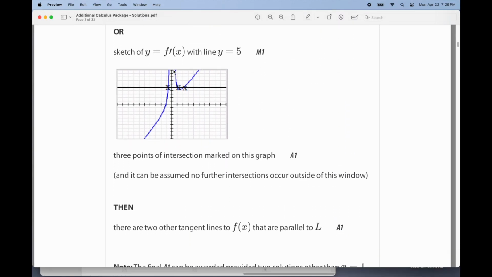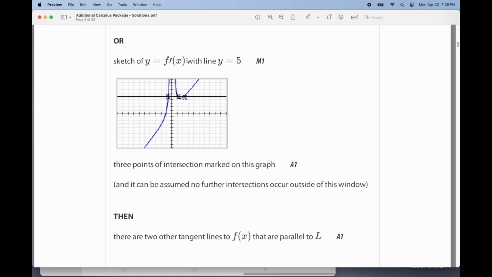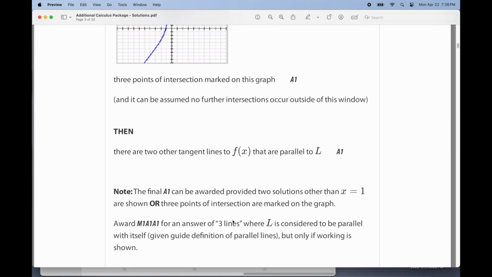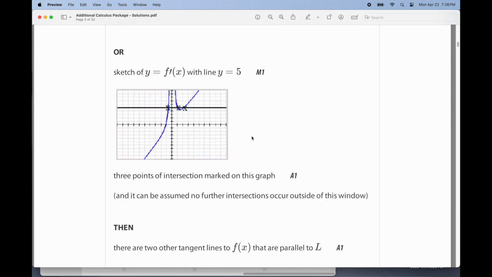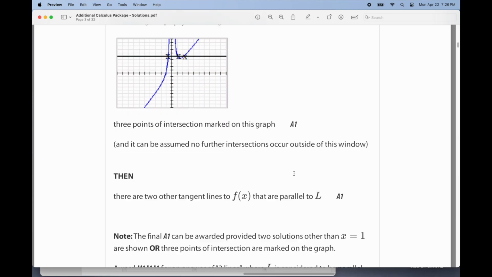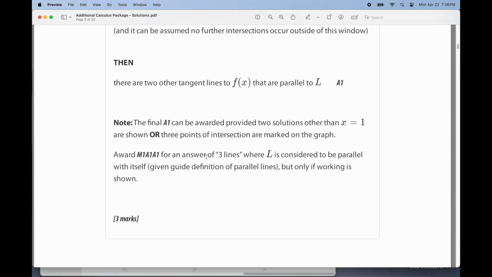Y is f prime of x, so here's our derivative, and then y is equal to 5. So 1, 2, 3 points of intersection marked on the graph, that's the answer. And then of course there are 3 lines. So the sketch is method, 3 points of intersection is one of the answer marks, and then of course stating 3 lines.